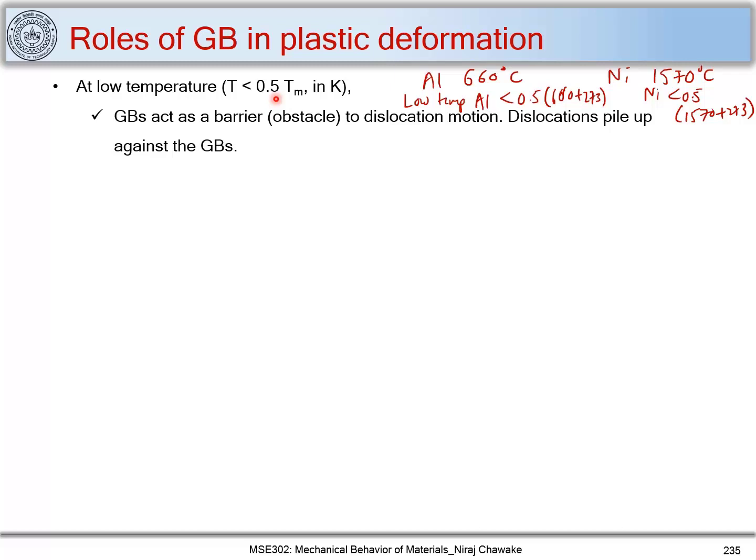Now let's come back to the roles of grain boundaries in plastic deformation. At low temperatures, grain boundaries act as a barrier or obstacle to dislocation motion. Dislocations pile up against the grain boundaries. We have seen why dislocation gets stopped: because there is a change in the orientation, or a break in the slip plane.